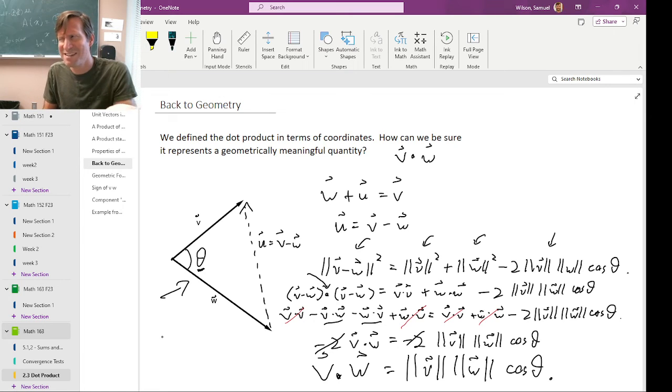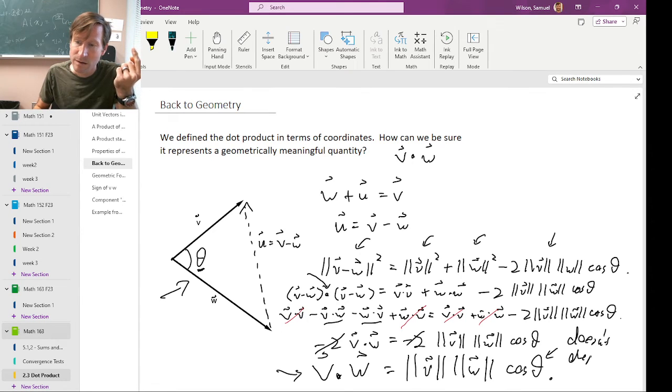So this is actually kind of a surprising result. We invented this dot product basically out of nothing, but it turns out that it actually gives us some geometric information. V dot w is the magnitude of v times the magnitude of w times the cosine of the angle between them. And maybe the most important thing about this formula is that this doesn't depend on the orientation of the coordinate system.